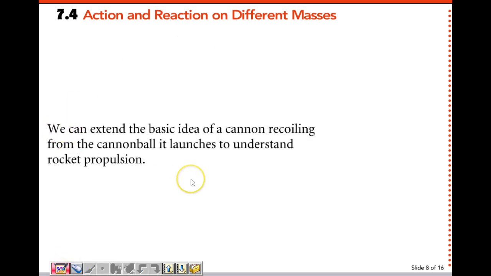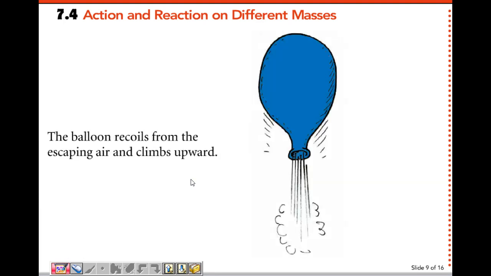And we can extend this same idea of the cannon recoiling for the cannonball to understand how rockets work. If I have a balloon, we blow air into a balloon, and the balloon recoils from the escaping air, okay? So air pushes out of the balloon with a force, and the balloon pushes the air out.